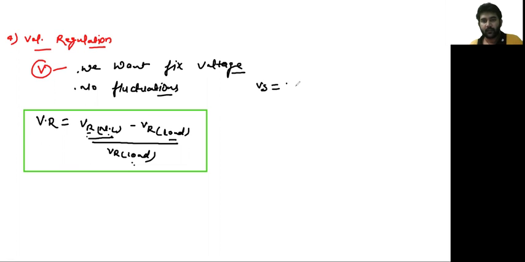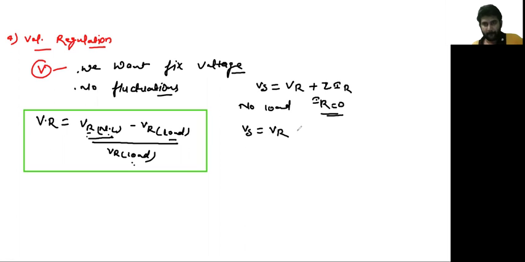Now, if we see the main equations that we have got earlier, suppose there is no load, so IR will be 0. So Vs equals VR, because this term becomes 0. So VR at no load is Vs. So voltage regulation will become Vs minus VR at load, by VR at load.